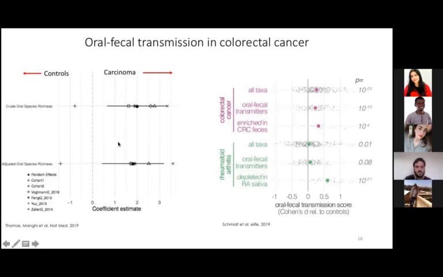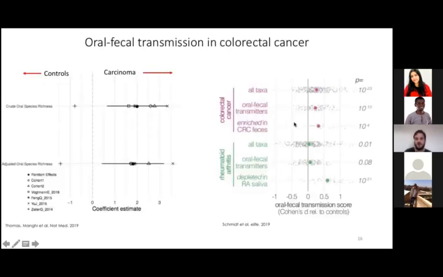When this coefficient estimate is to the right, that means there's a greater oral species richness in carcinoma patients, and when it's to the left, that means in controls. So you see that for most of the data sets, we see an increased oral species richness in carcinoma patients.